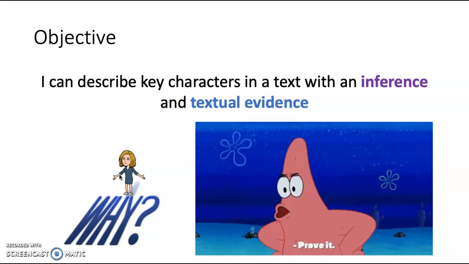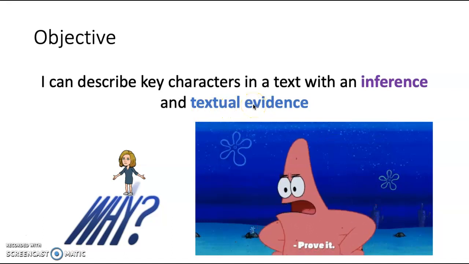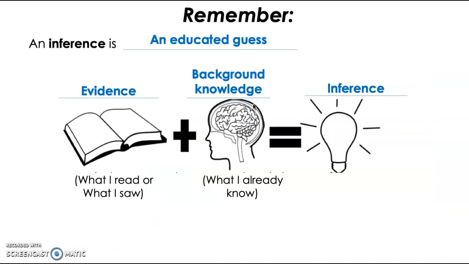Well, the reason is when we ask for textual evidence, we're basically asking you to prove it, right? If you say something to a friend and they're like, prove it, what they're asking for is that textual evidence. So today we're going to talk about how we can use that evidence if we're making inferences about characters.